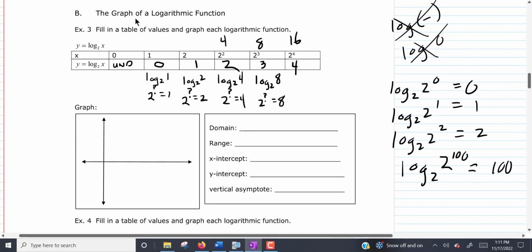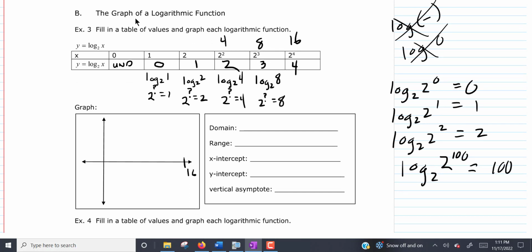Let's go ahead and graph this. Label your x-axis, going out to 16. That's the biggest value. We have 8, we have 4, so you can put that together like that. And all we need on the y-axis is up to 4. Then we plot these points.